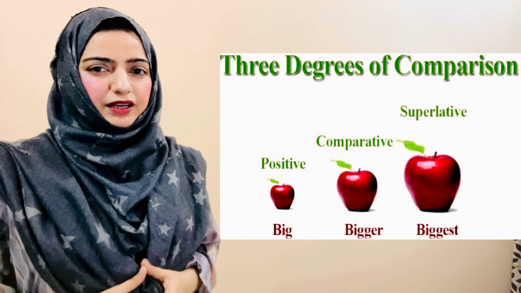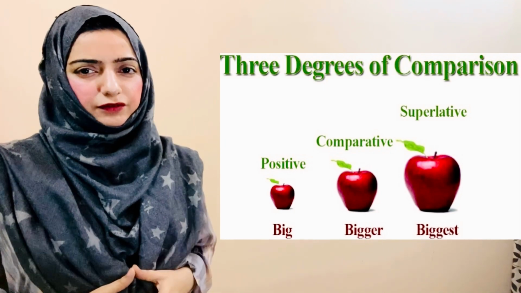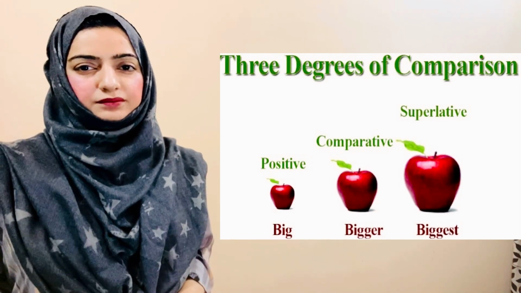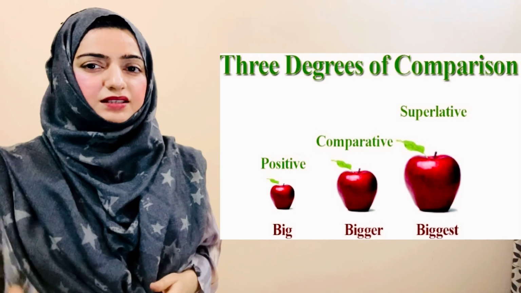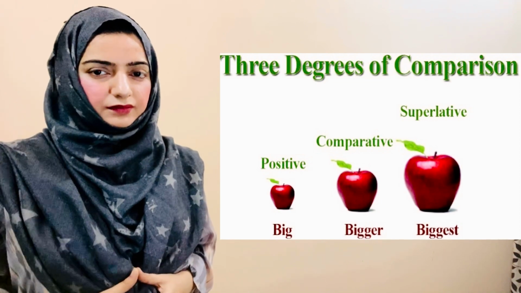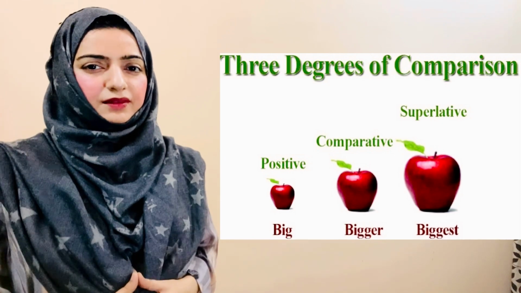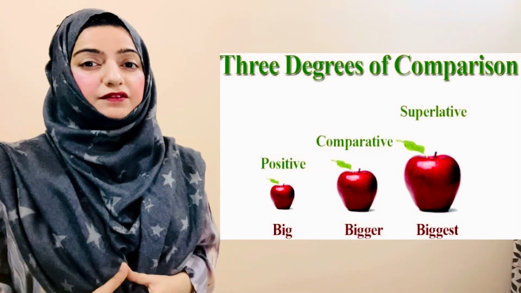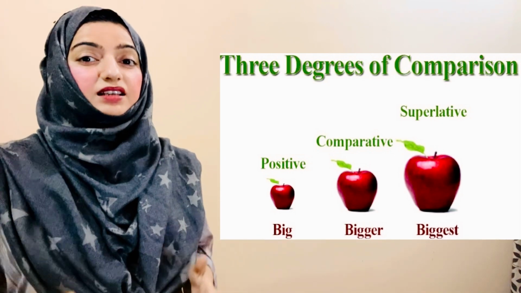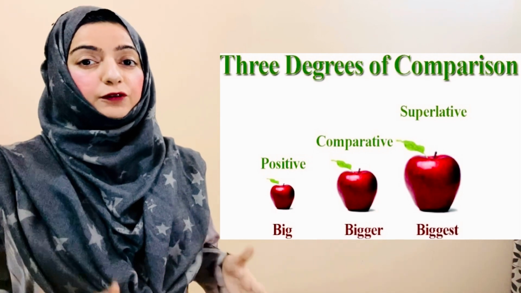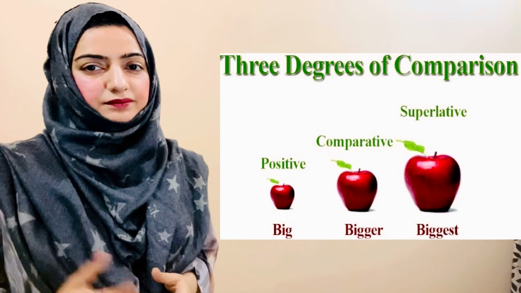A positive adjective is a normal adjective that is used to describe, not compare. For example, this is good soup, he is a good boy, or I am funny. A comparative adjective is an adjective that is used to compare two things and is often followed by the word than.